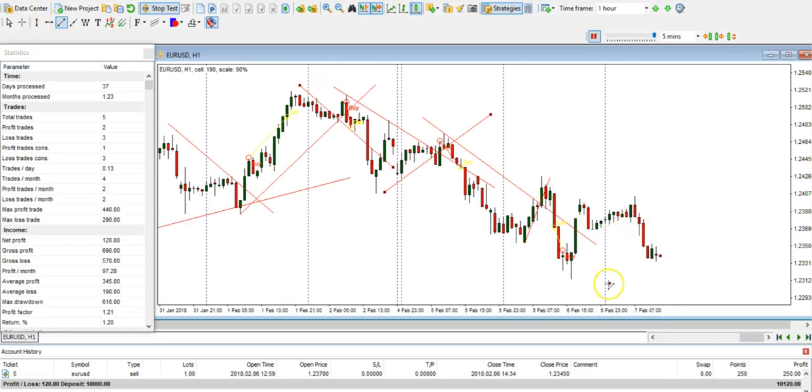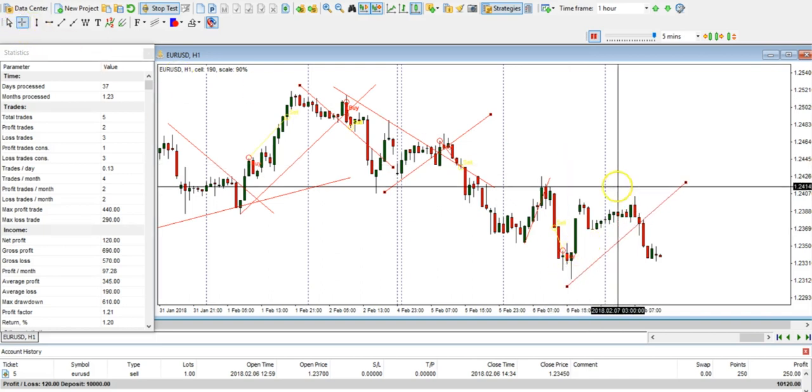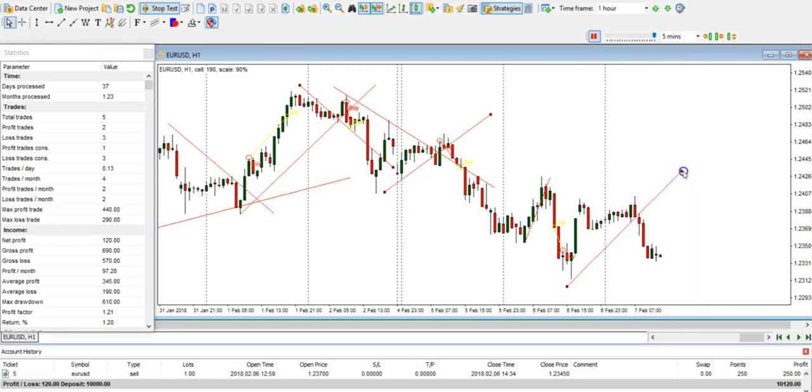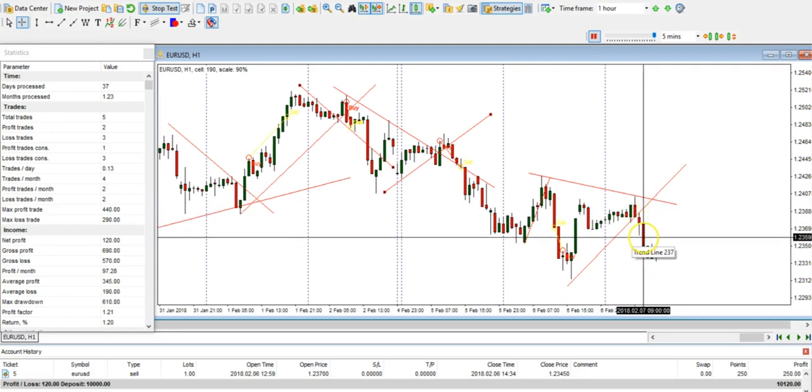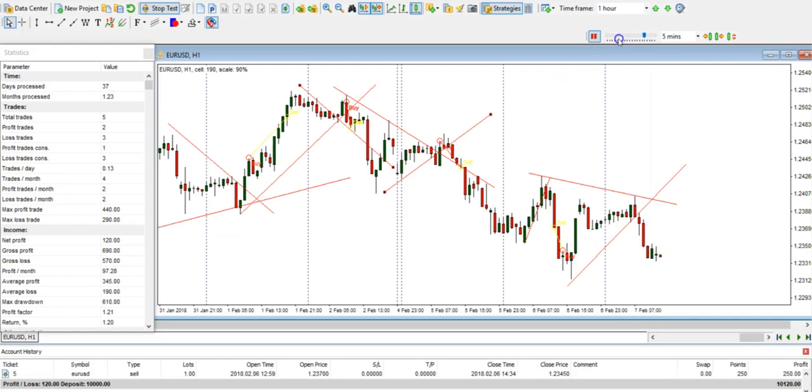Okay, you can see this is actually another. Lapse in concentration there, sorry about that. But this is another entry here. See, pierced and would have been in here. So just follow this down here, see where it ends up.